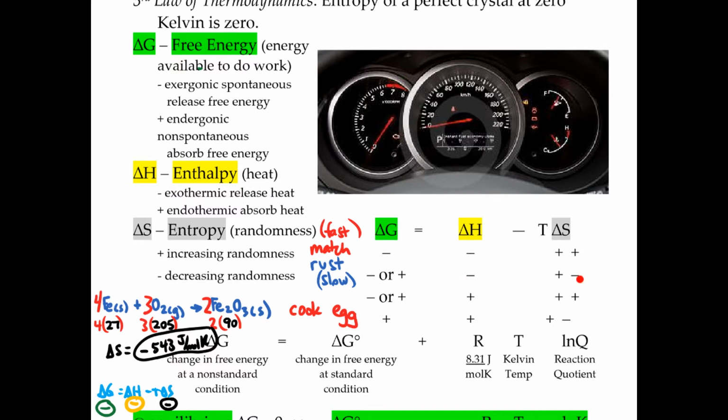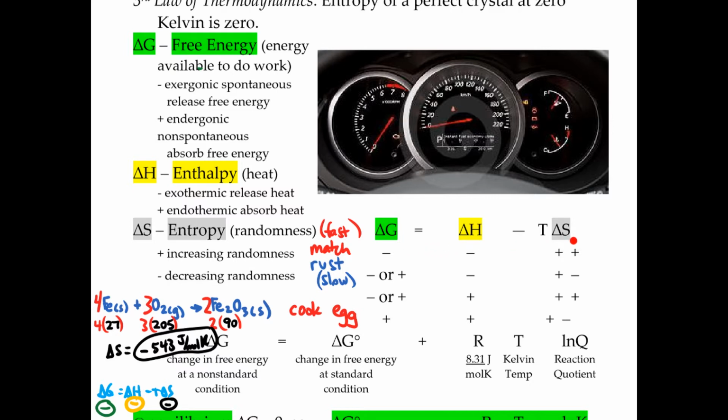However, if they're both positive, the thermodynamically favorable thing is the entropy, meaning getting more random favors spontaneity. So it has to be really, really getting a lot more random even though it's absorbing heat. And mathematically, if this wins, then the answer is going to be negative. So really all these are little dials on your dashboard to tell you if a reaction is spontaneous, does it absorb or release heat, and does it get more or less random.